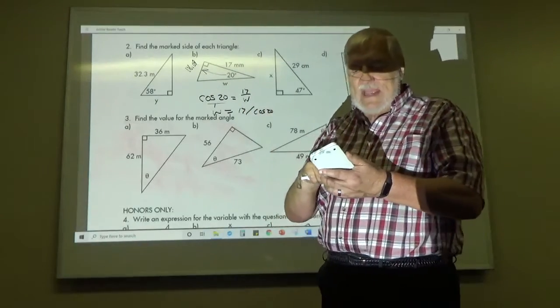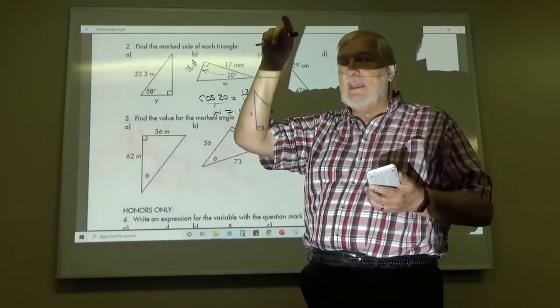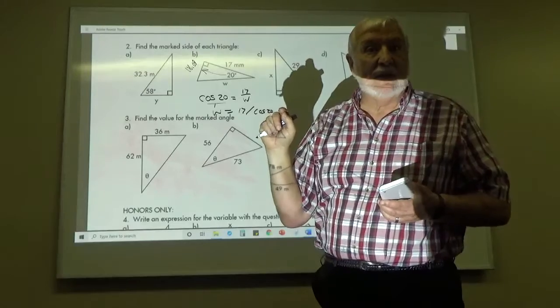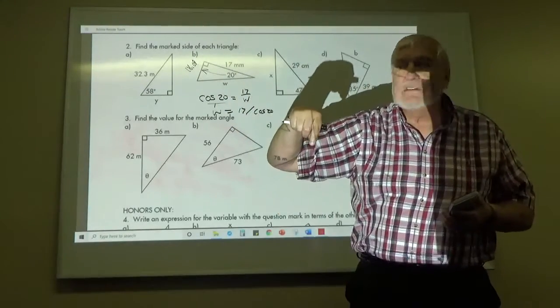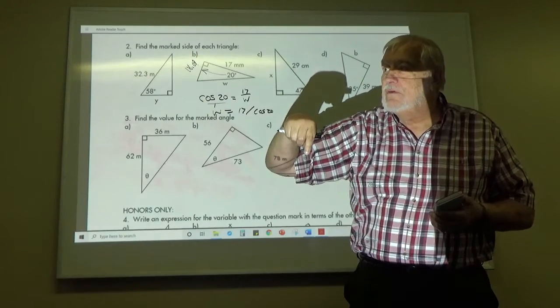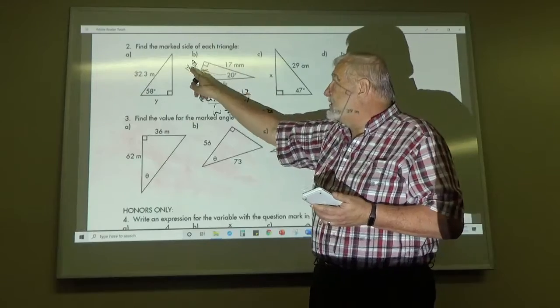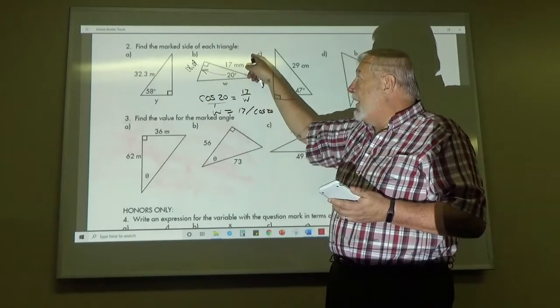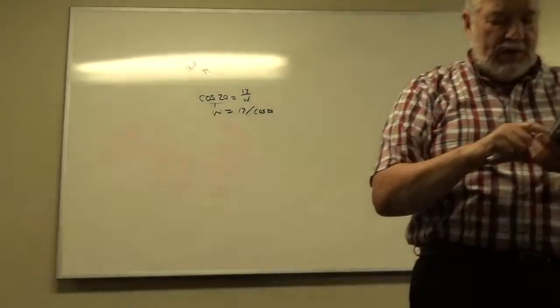So press second tan, and you notice you have tan -1. That stands for the opposite. So we're going to put the fraction in. It's going to tell us the degrees. So the tangent is the sine leg over the cosine leg. So inside the parentheses, you're going to put 18.09.